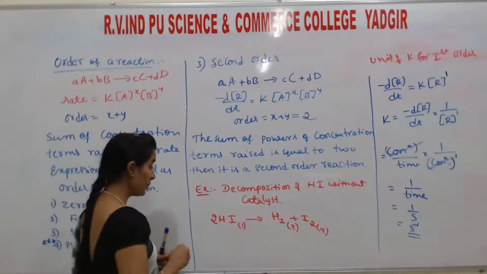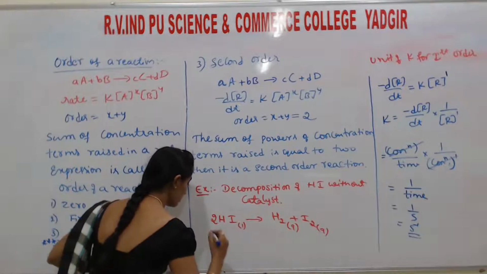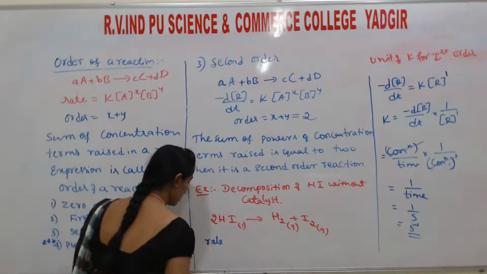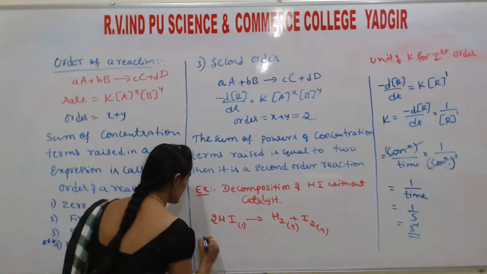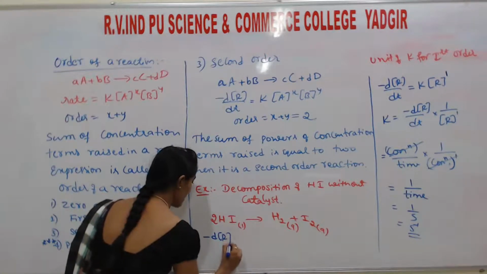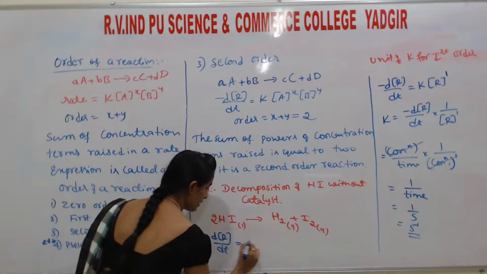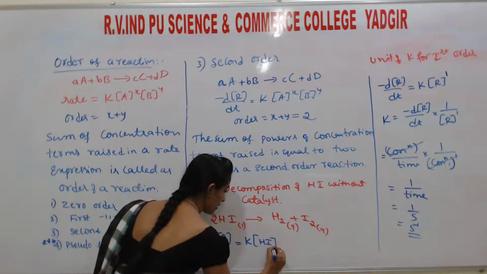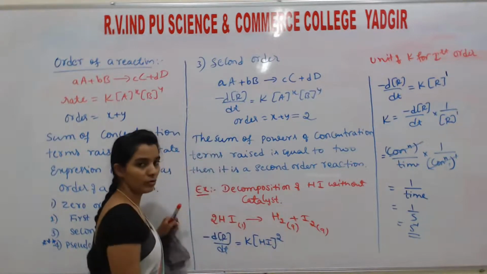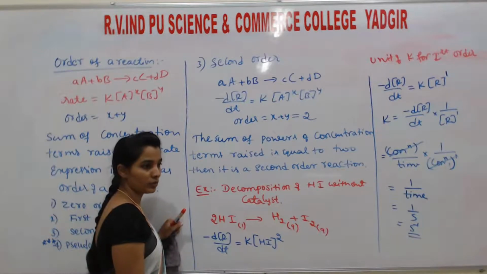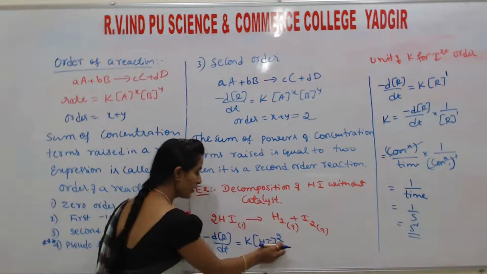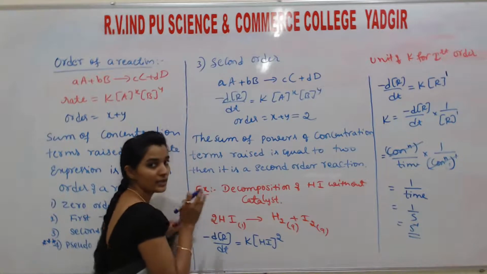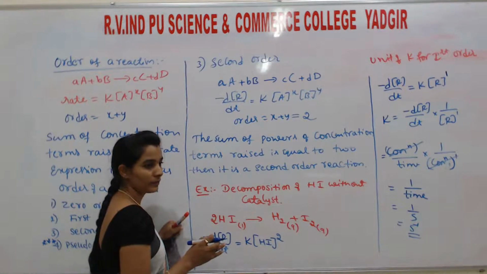Understand? So that means the rate, that is minus d[HI] by dt, is equal to K into the concentration of HI to the power 2. So students, here the order of the reaction and the coefficient are equal.